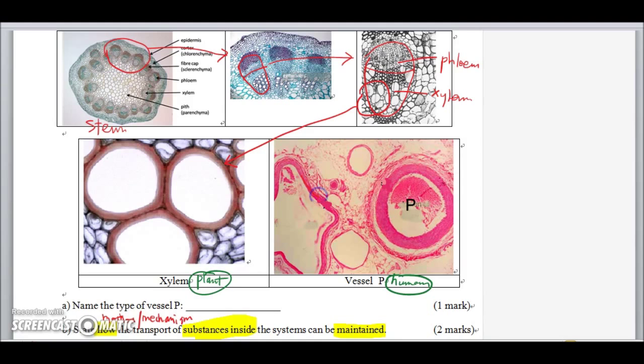So you see the differences in the wall. Here, P has a very thick wall. And this side has a thinner wall. So actually, we can confirm that this is an artery of a human.